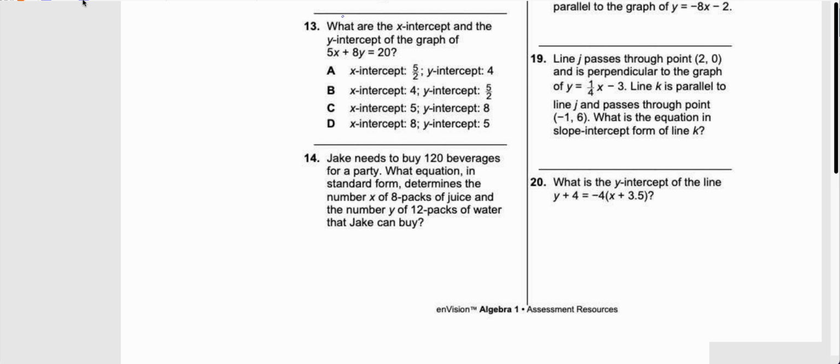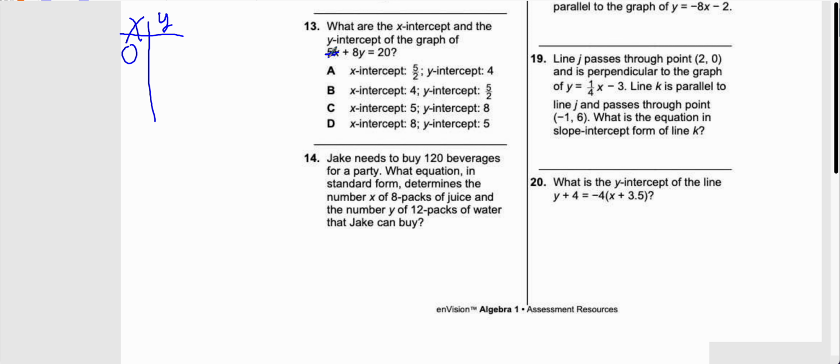What are the x and y intercepts of the graph 5x plus 8y equals 20? This is super simple, guys. When there's a question like this, do the math real quick on the paper. Don't just brain power it. I know most of you are smart enough to, but show some work. Put a 0 in for x, so that goes away.